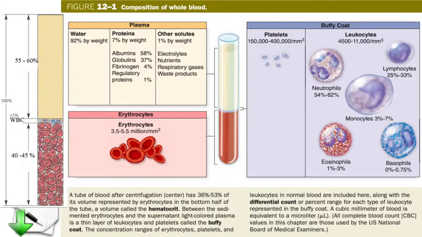By the way, look, in the book of Junqueira, Basic Histology, we see the special term hematocrit. Hematocrit is the relationship between the quantities of formed elements, both red blood cells and white blood cells, and plasma.